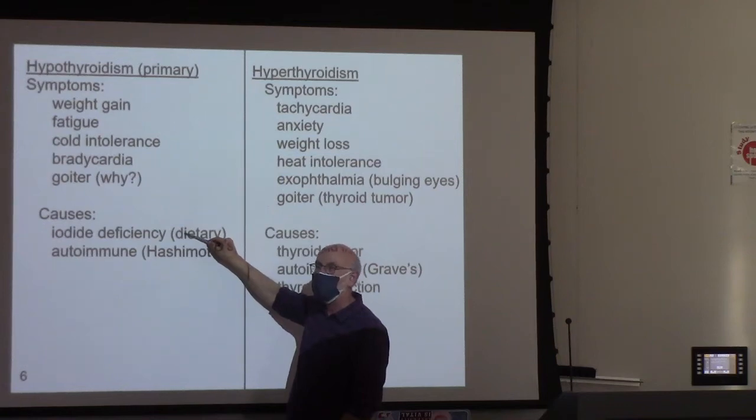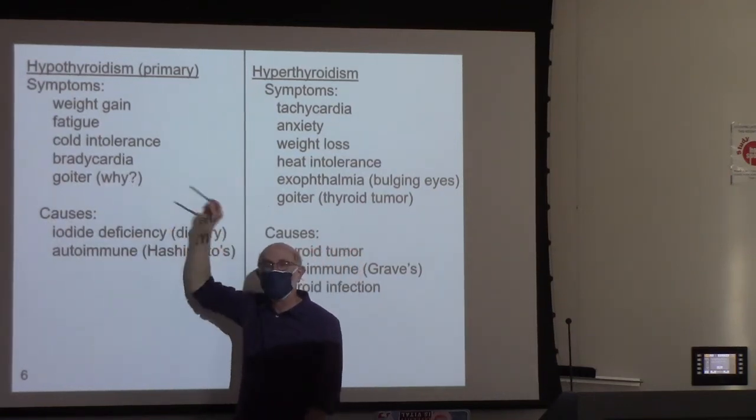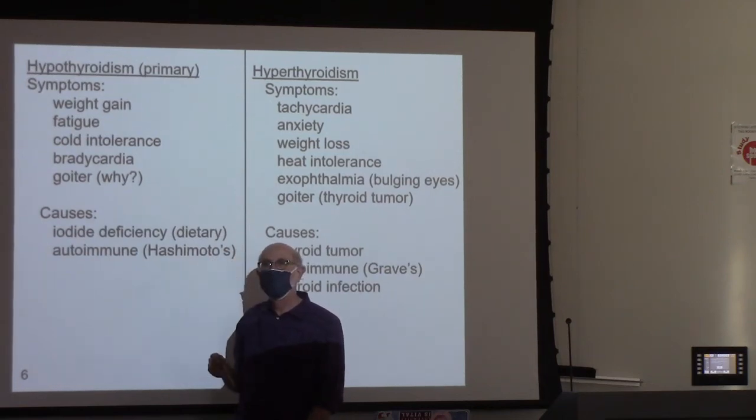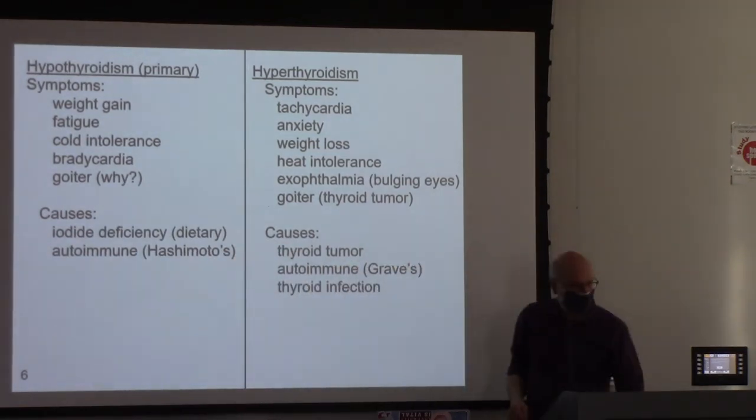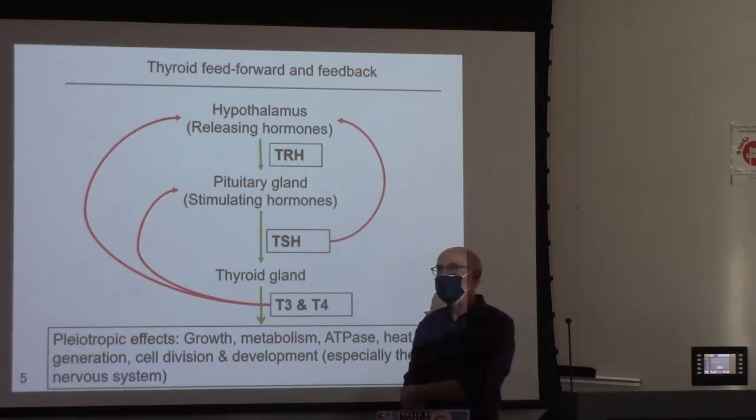The diet is deficient in iodine. Why would that cause goiter? Let's go back to this slide. Why would low dietary iodide cause swelling and enlarging of the thyroid gland? Goiter.